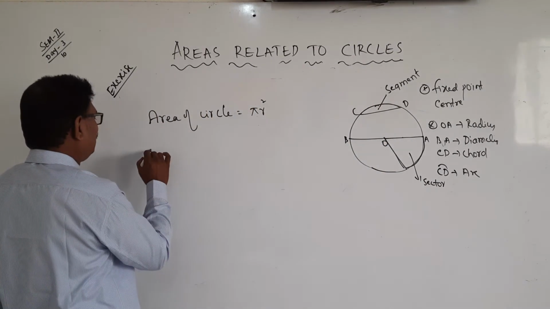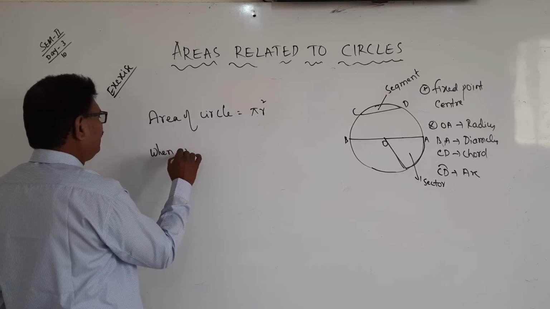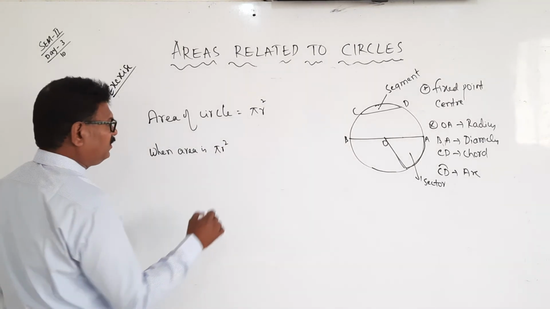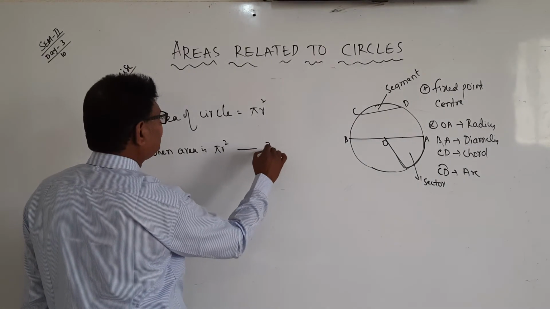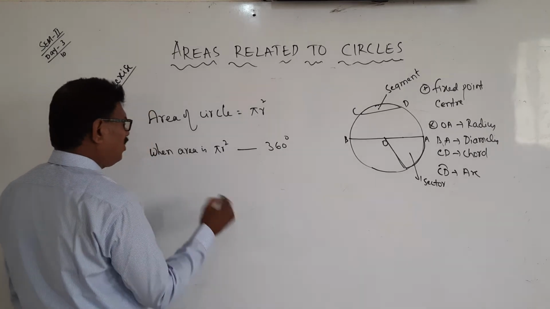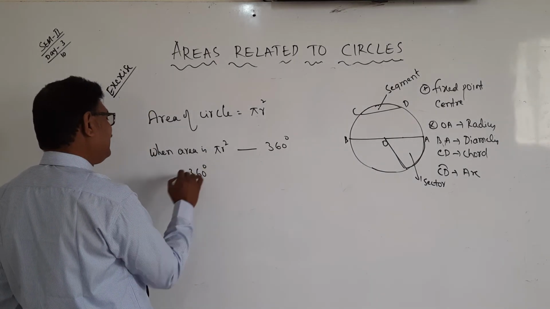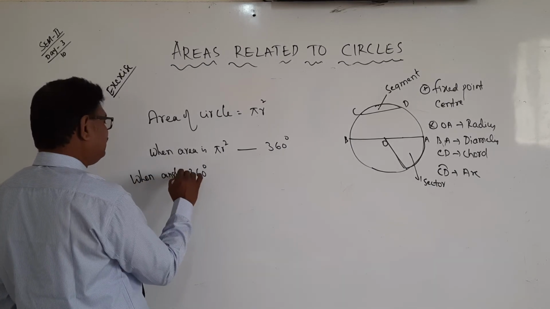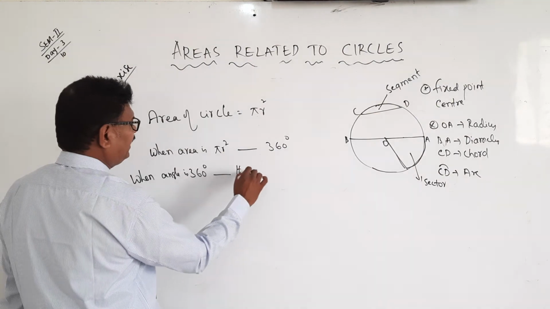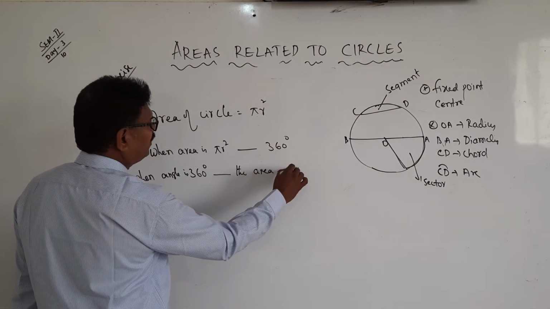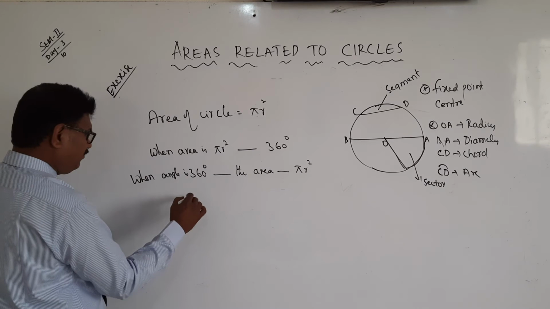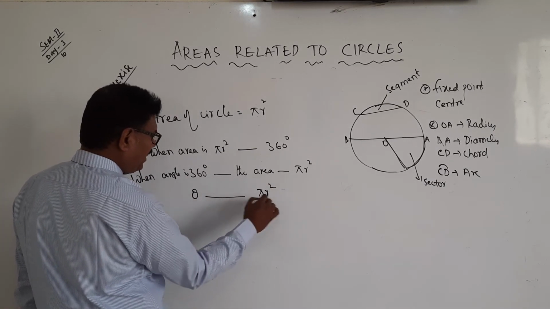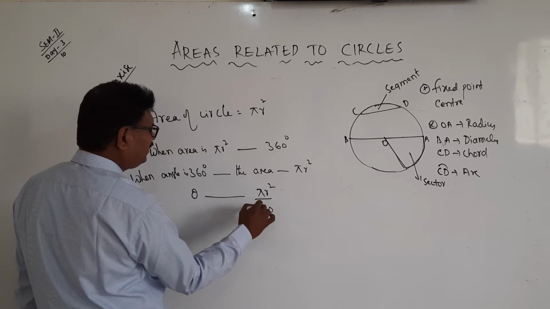When area is pi r square, the angle is 360 degrees. If the angle is theta, then it is nothing but pi r square theta by 360.